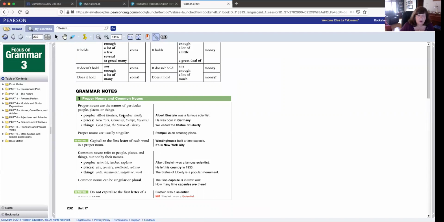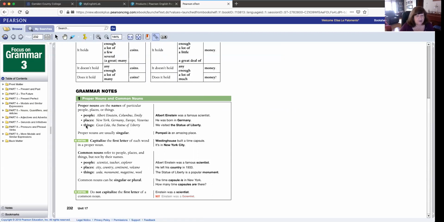Proper nouns always have capital letters, okay? The name of places, and I'm talking about the name. I'm not talking about a place like the seashore, the park, the ocean, the college. They're just common nouns. But if you're talking about specific places like New York, Germany, Europe, Vesuvius, they are proper nouns and they begin with capital letters.